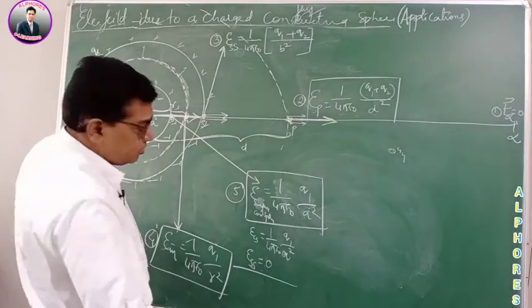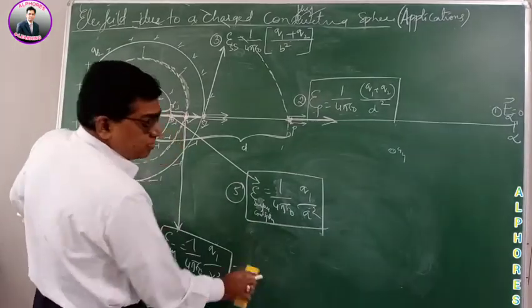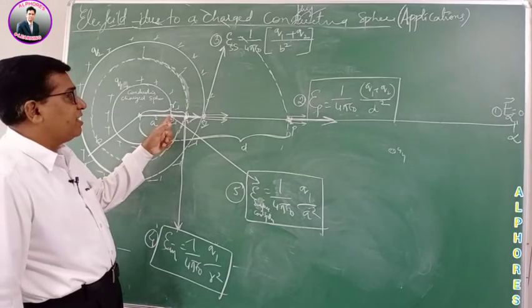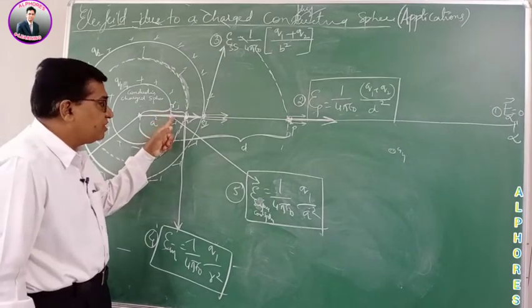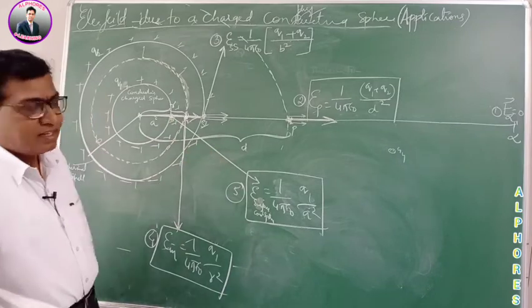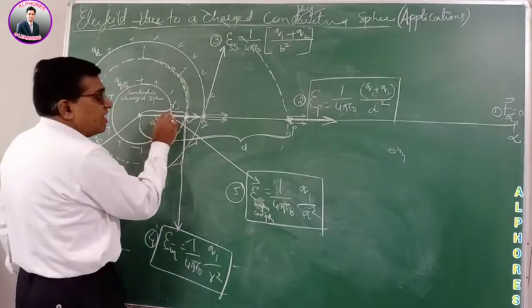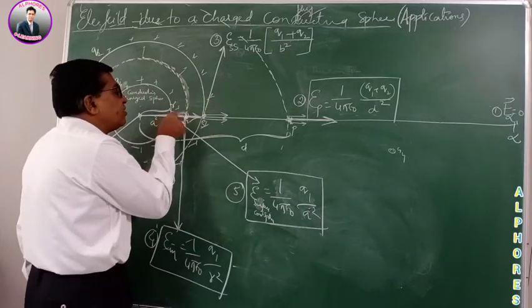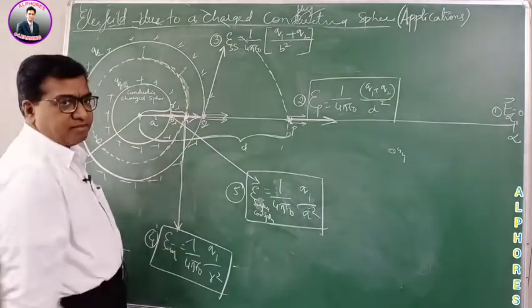The electric field due to the combination of a spherical shell and a conducting sphere on the surface of the conducting sphere is due to the conducting sphere, and the value is 1 by 4 pi epsilon naught Q1 by A square. The field due to the shell is 0 because it is an inside point.